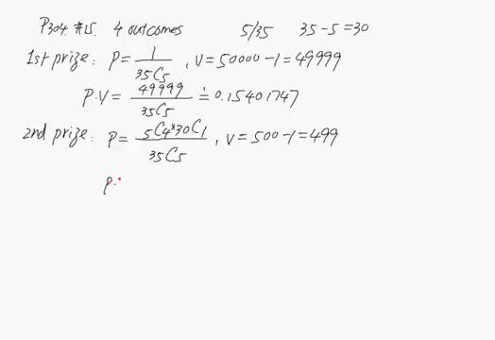Then P times V, this guy is equal to 5C4 times 30C1 over the 35C5 and times the 499.